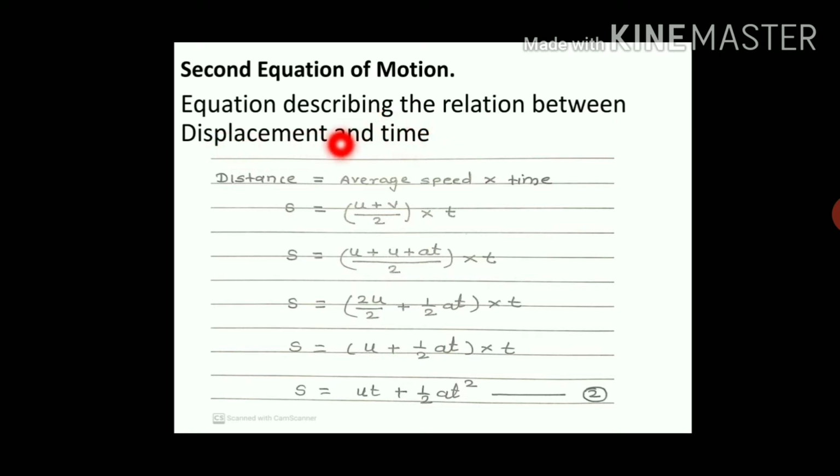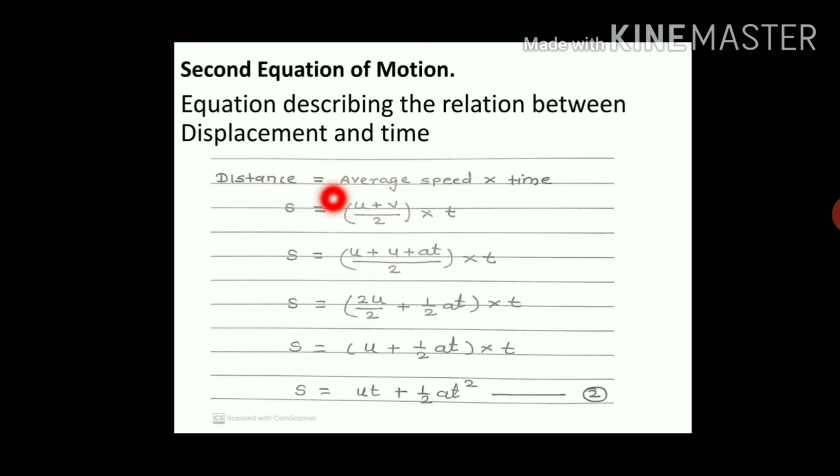This second equation is derived by using the average speed of the object. The object has initial velocity and final velocity, and therefore average speed of the object is calculated by initial velocity plus final velocity divided by 2. It is the average velocity or average speed, and therefore within time t the distance traveled by the object is given by this formula.